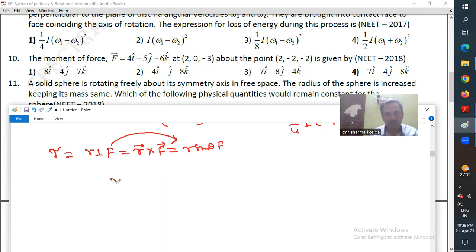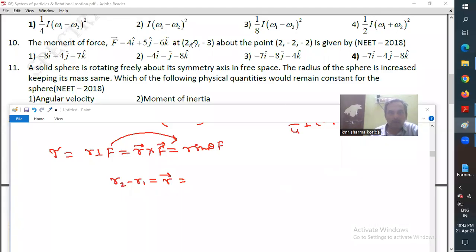It will be R2 minus R1, the position vector.